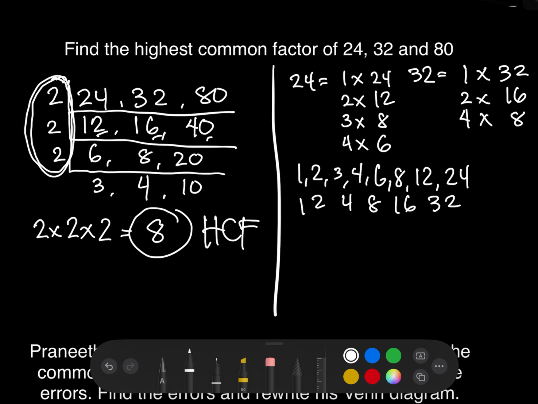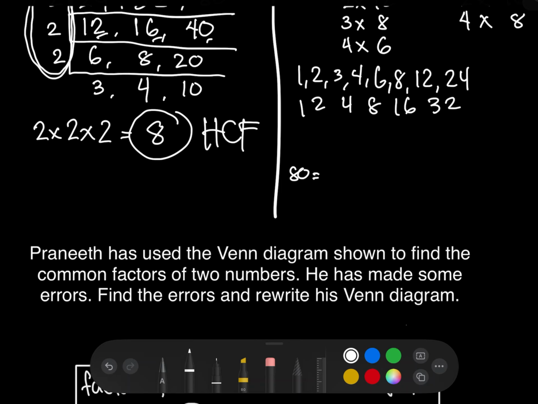While for 80, factors are 1 times 80, 2 times 40. We cannot use 3. So 4 times 20, 5 times 16. Correct? Yes.